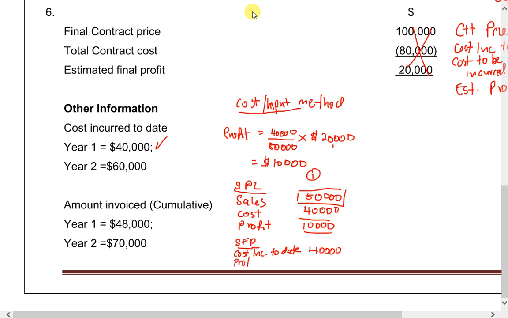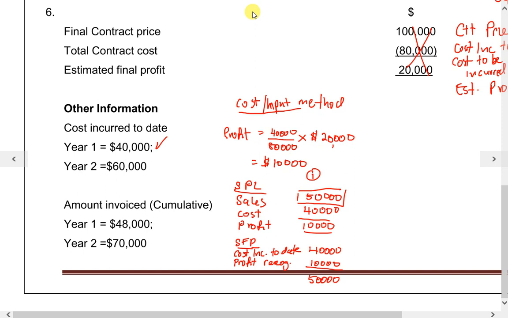Profit recognized to date. SFP is all cumulative total. 10. So cost incurred, profit recognized. So my sales to date I recognize will be 50,000 here.